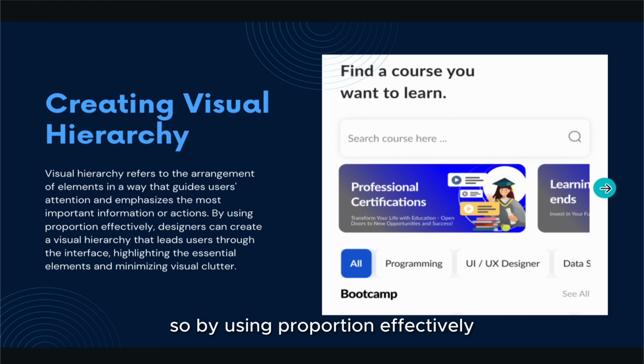So by using proportion effectively, we can create a visual hierarchy that leads users through the interface, highlighting the essential elements and minimizing visual clutter. From the image we have here, you have seen how visual hierarchy shows you what is most important.